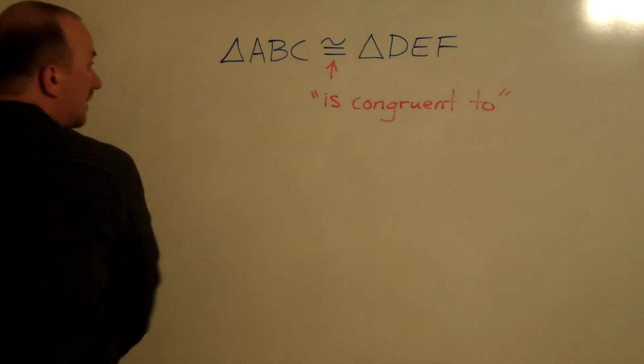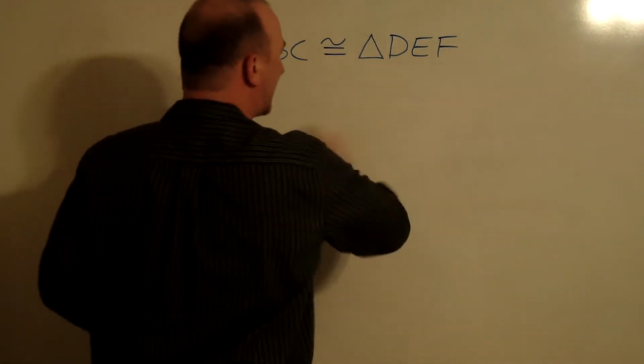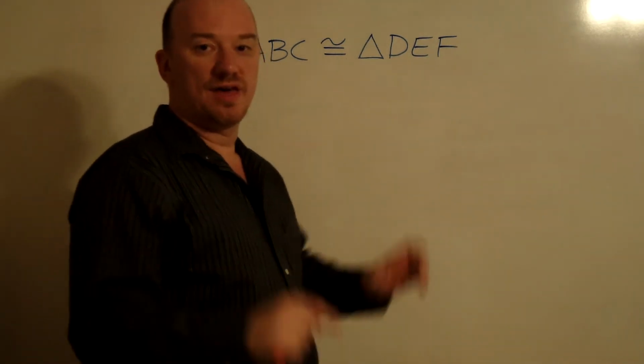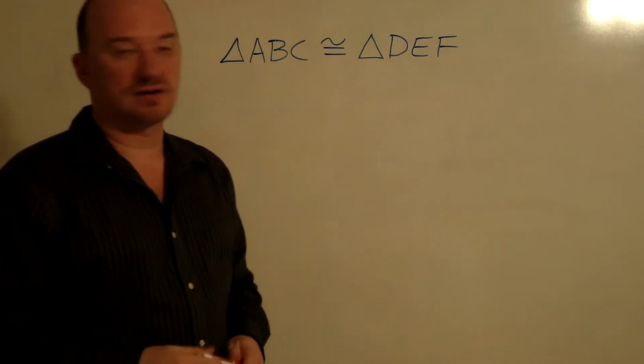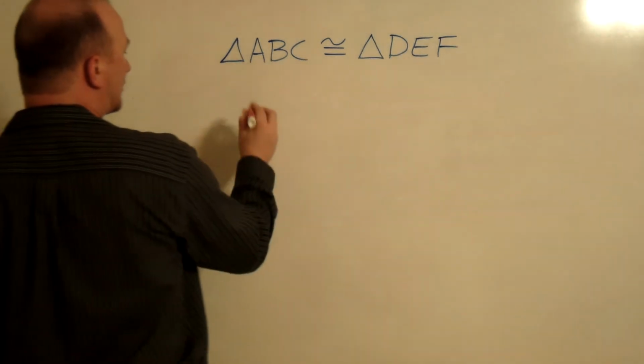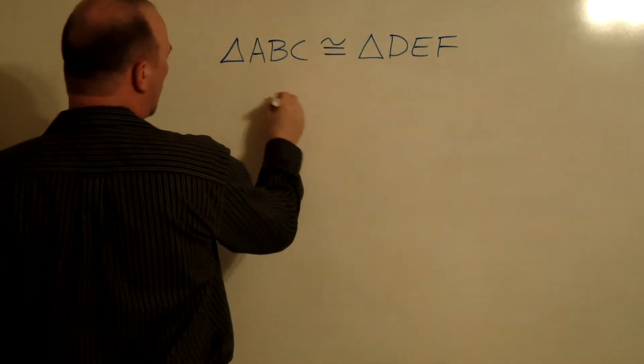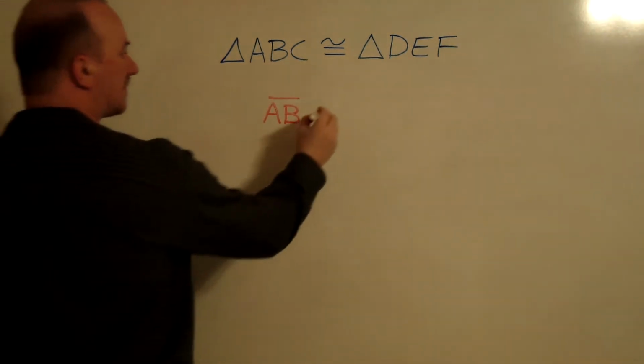All right. When you have this statement that triangle ABC is congruent to triangle DEF, the order of the letters matters. And if somebody were to ask you, what is congruent to line segment AB?